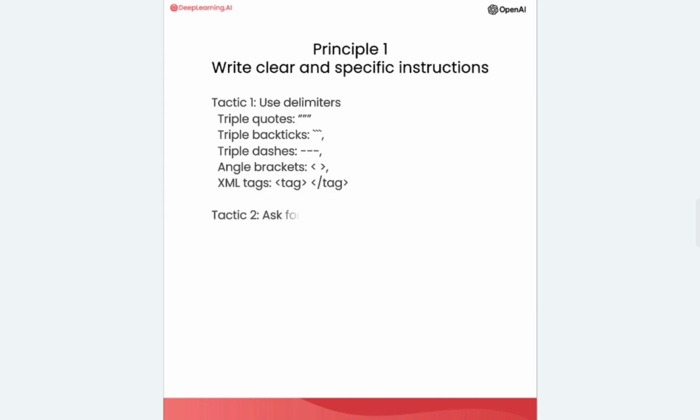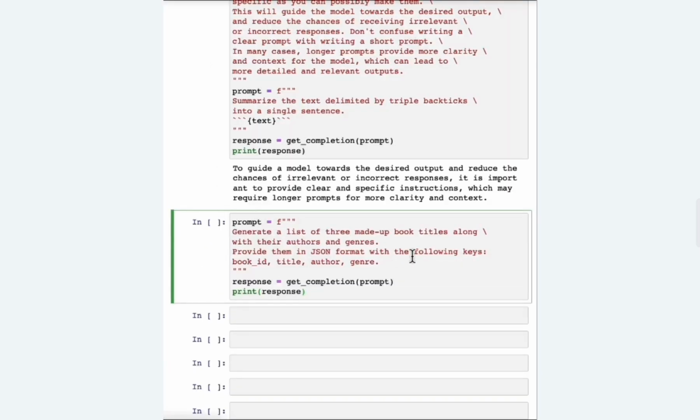The next tactic is to ask for a structured output. To make parsing the model outputs easier, it can be helpful to ask for a structured output like HTML or JSON. So let me copy another example over. In the prompt, we're saying generate a list of 3 made-up book titles along with their authors and genres.